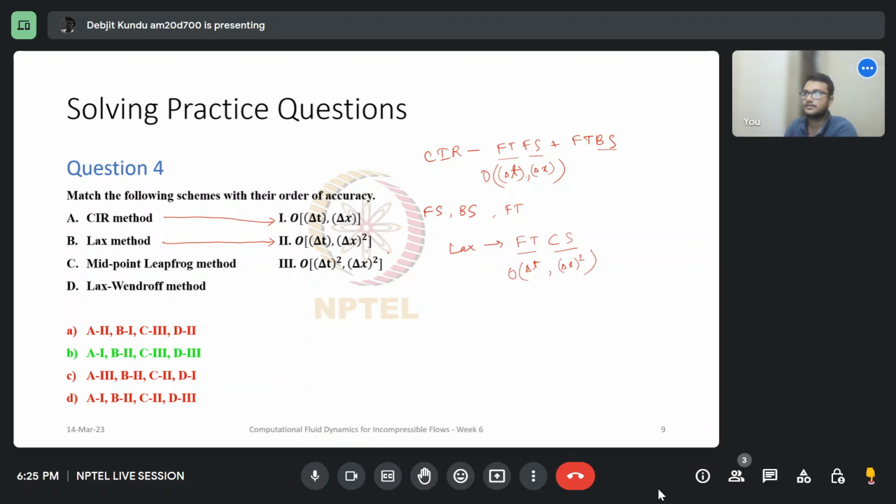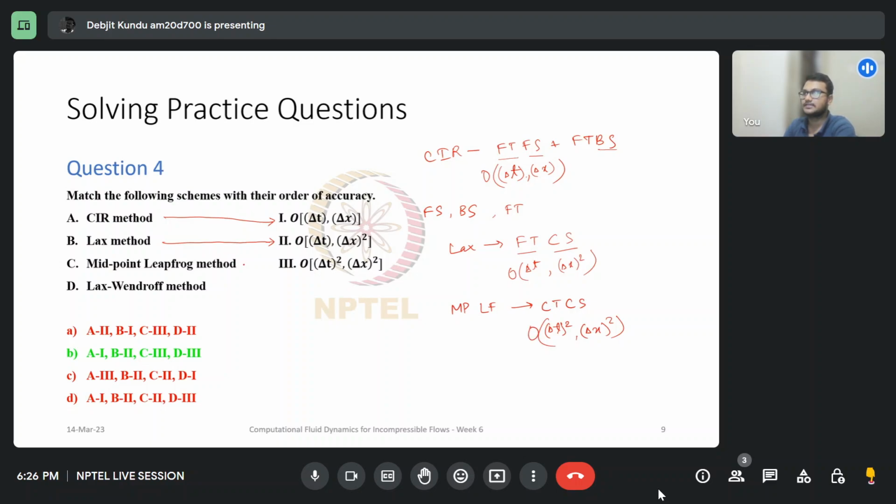So the order of accuracy of the Lax method is first order in time and second order in space. And the midpoint leapfrog method, I'll write in short as MPLF. This uses a central in time, central in space method.